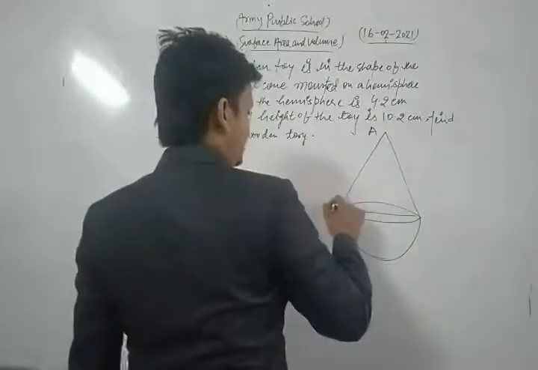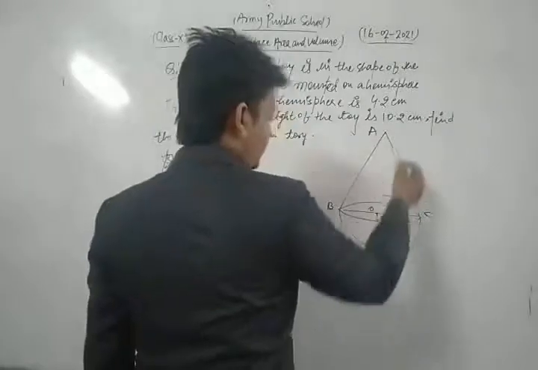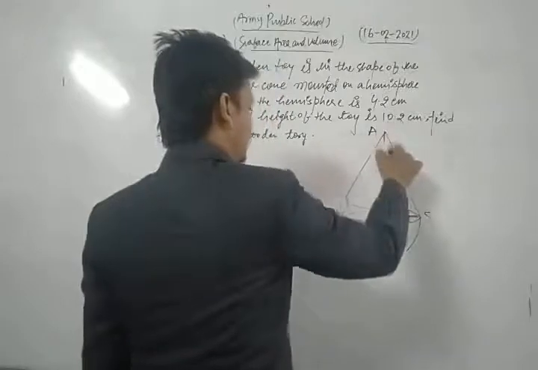Here, ABC is a cone, and let O be the center of the base of the cone. Then, according to the question, this is the height of the cone.